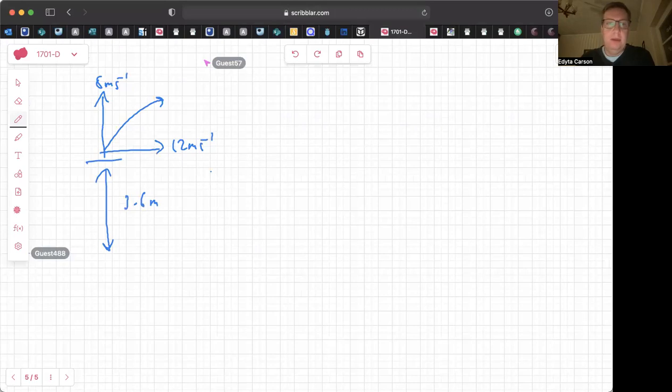So it's being thrown off this jetty. It's actually a projectile motion, a parabola, but it's given this 8 meters per second and 12 meters per second components. And we want to figure out an equation for its height. So we just use the same thing. Vertically, S is what we're trying to find. U is 8 meters per second vertically.